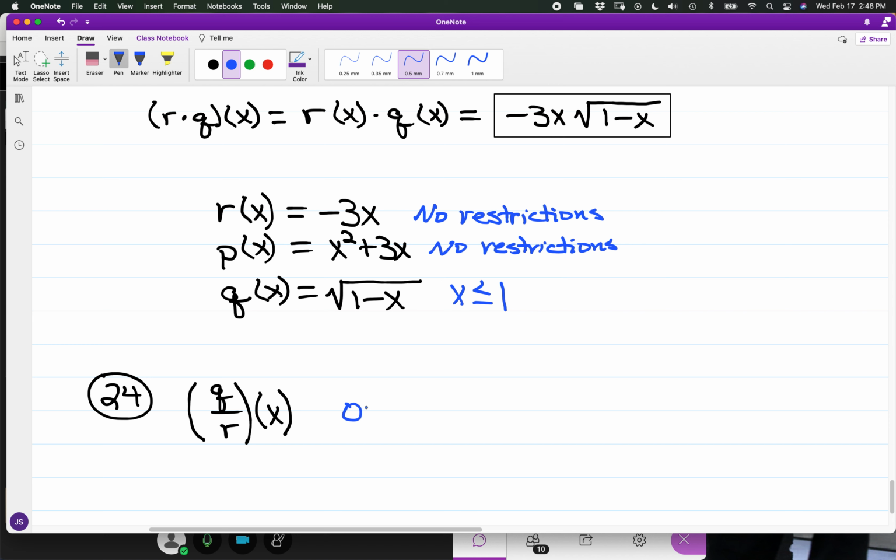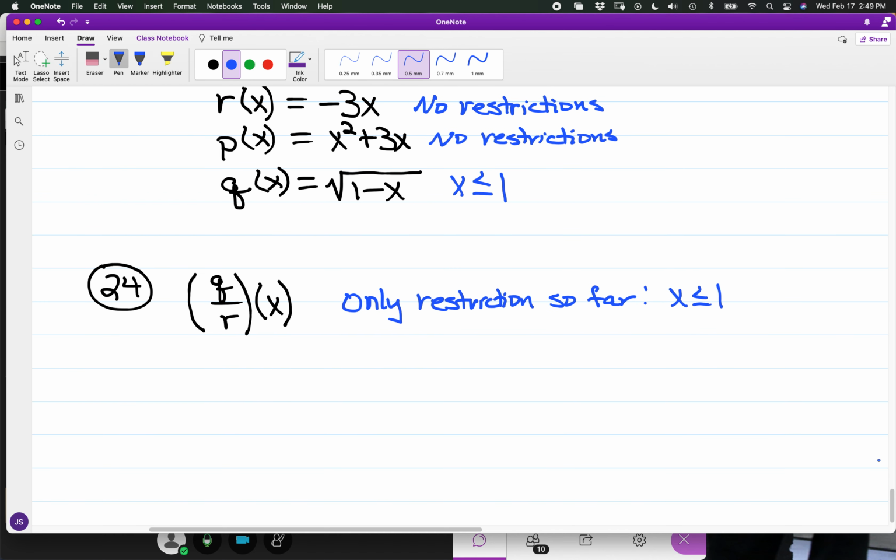So I'm just going to state the only restriction so far. This will come from q of x, whereupon we have x is less than or equal to 1. But there might be more to the story in terms of what is restricted, since I'm not dealing with the sum, difference, or product function, but the quotient.